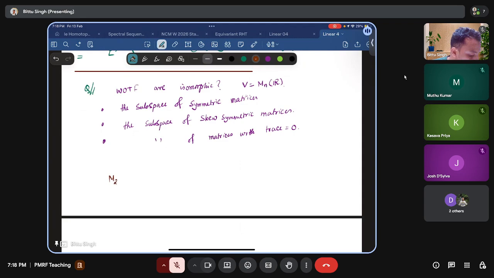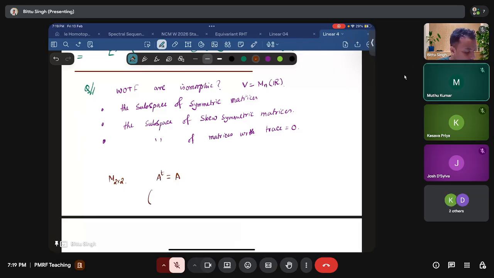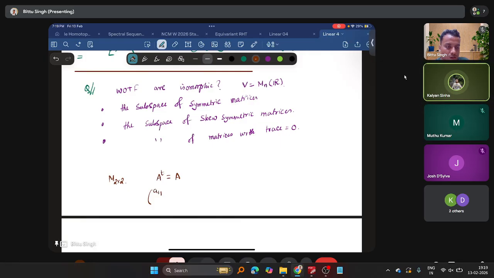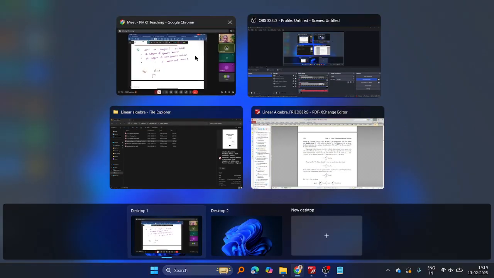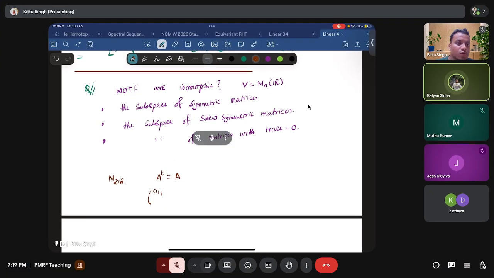Consider a 2 by 2 matrix. What is the definition of symmetric? It means A transpose is the same as A, right? In symmetric matrices, diagonal elements are not necessarily zero. So it is n into n plus 1 by 2.